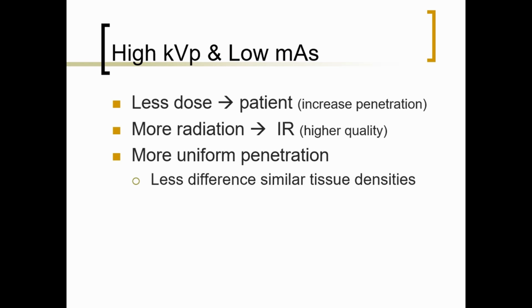The computer uses density differences to delineate objects that absorb radiation at a similar rate. High kV exposures even out these differences and make discrimination for the computer a harder job. Bottom line, high kV, low mAs techniques reduce contrast resolution or visibility of detail.